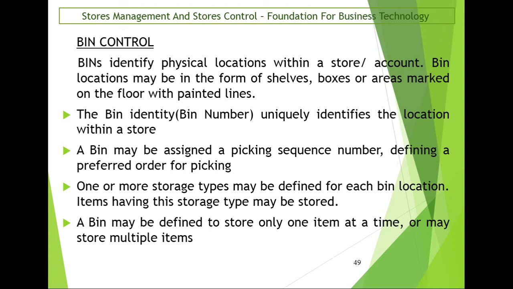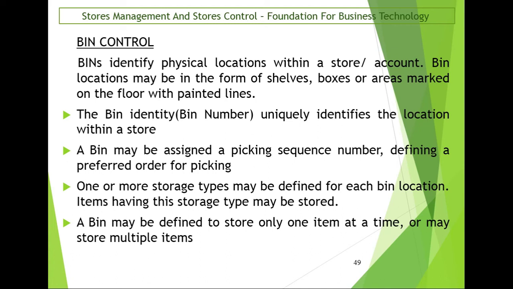So these are physical partitions that we create, and they can take the form of shelves, boxes, or even areas that we mark on the floor with painted lines, depending on the type of items that we are keeping. So each location will have a unique bin identity, which is the bin number that uniquely identifies the location within a store. So that helps the person working in stores to find where the items are.